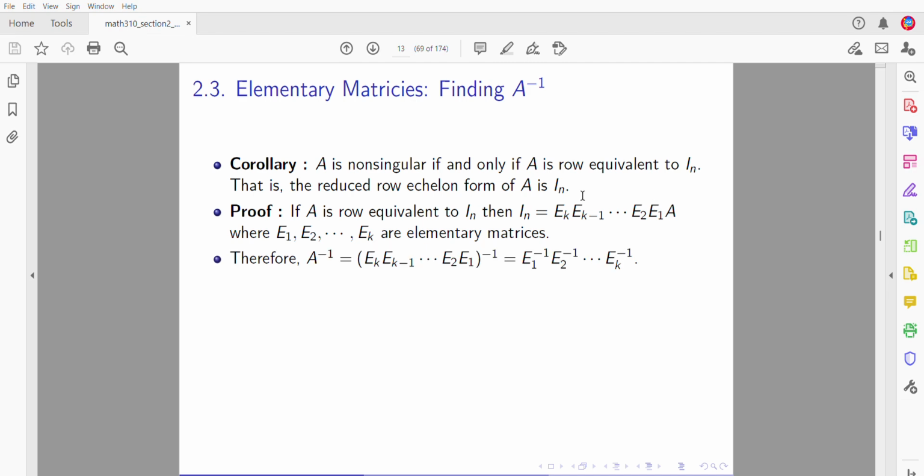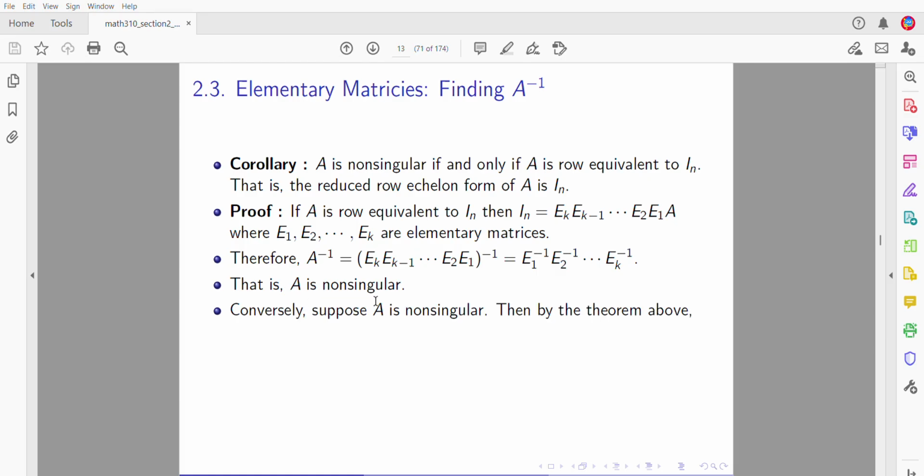So a bunch of things times A is identity. What does that mean? The inverse of A is all of these things. Again, remember, the inverse of a product reverses order. So E1 inverse, E2 inverse, Ek inverse. Okay, notice the order has been reversed. Therefore, A is non-singular. Let's continue the converse in our next video.